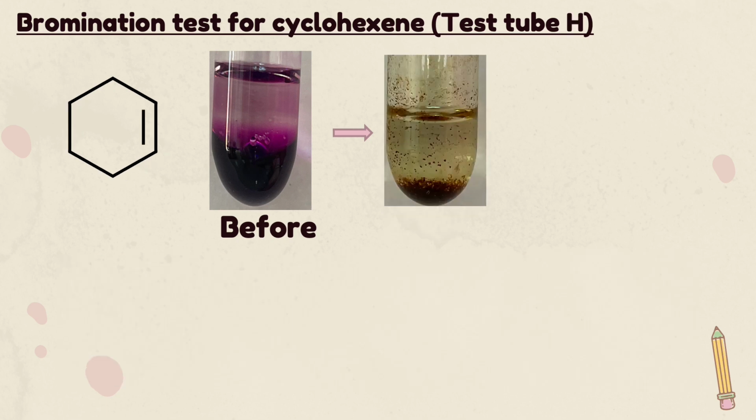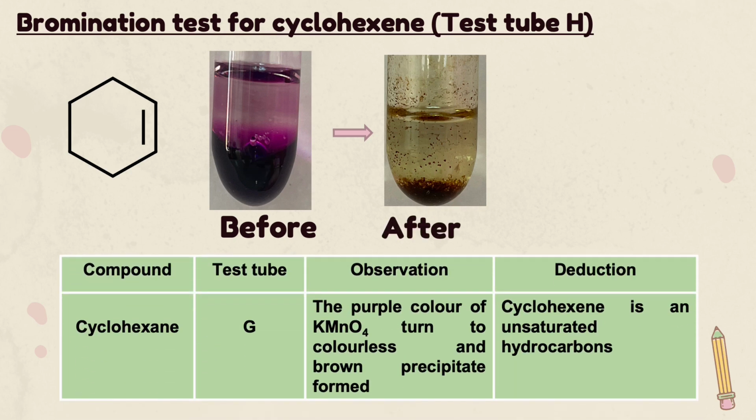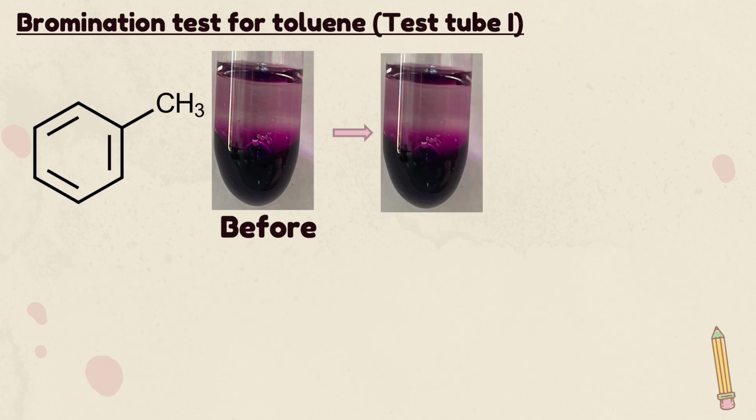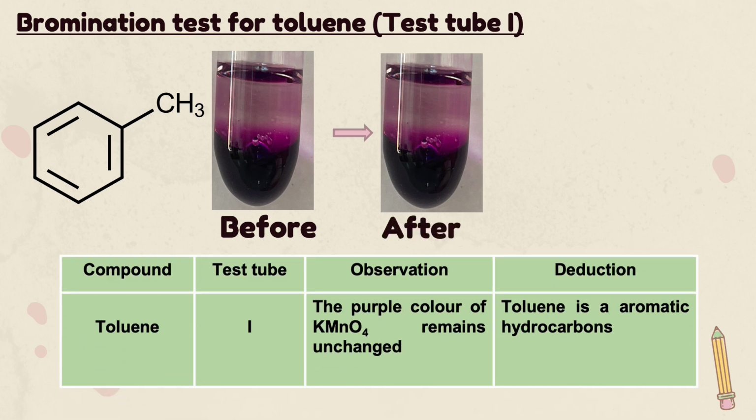If I treat cyclohexene with Bayer's test, what I will observe is that the purple color of KMnO4 will turn colorless and a brown precipitate forms. The deduction I can make is that it is an unsaturated hydrocarbon. Toluene is an aromatic hydrocarbon. Aromatic hydrocarbon will not give a positive result towards Bayer's, so the purple color of KMnO4 remains unchanged.